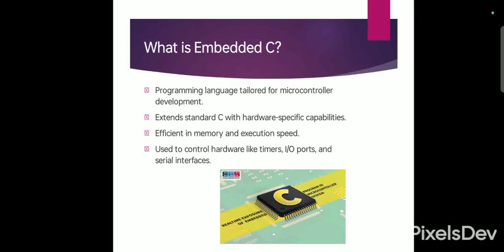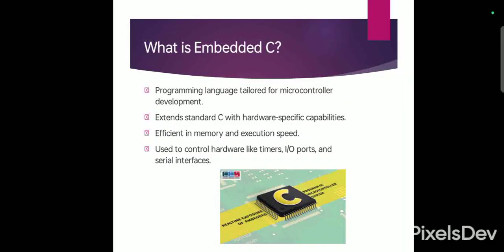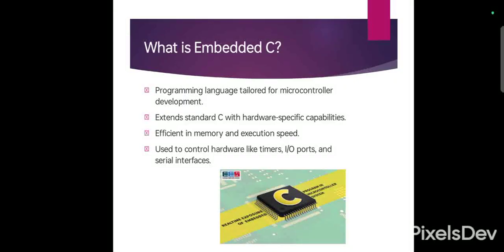It allows us to interact with registers, ports, and memories directly. Embedded C is highly efficient and suitable for real-time applications like this project. So it is necessary to learn the C programming and update it with learning embedded C.